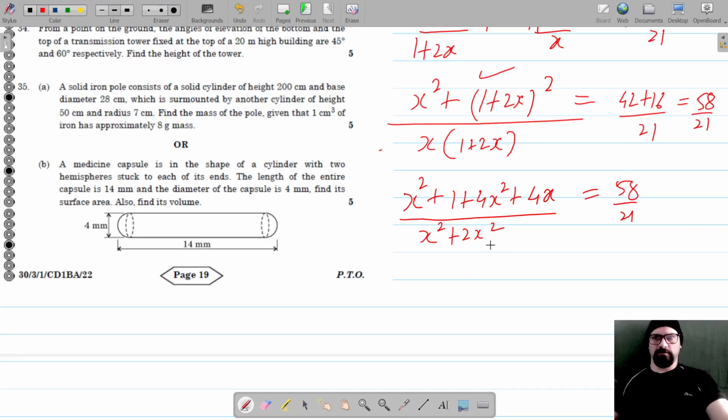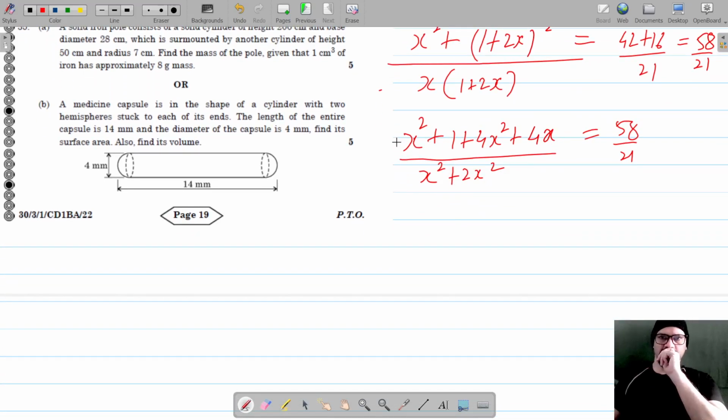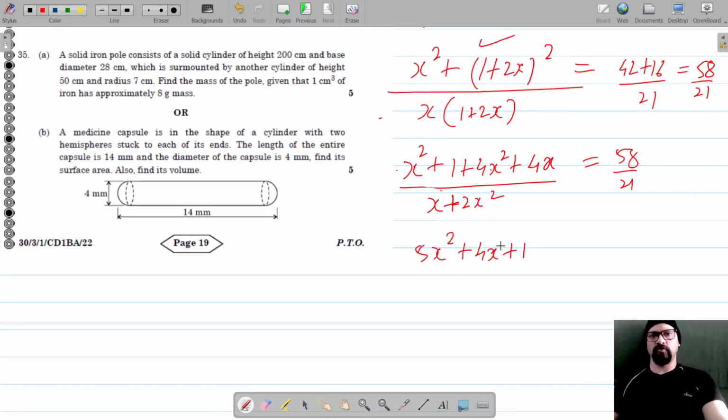Let's open up this identity, a squared plus b squared plus 2ab. So x squared plus 4x squared is 5x squared plus 4x plus 1, upon x plus 2x squared, is equal to 58 by 21.